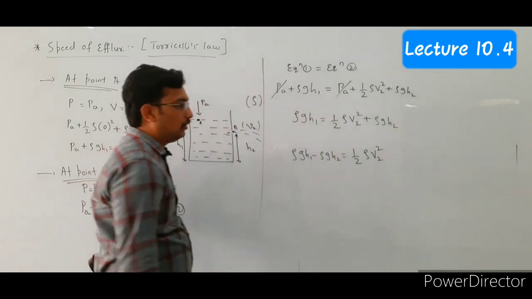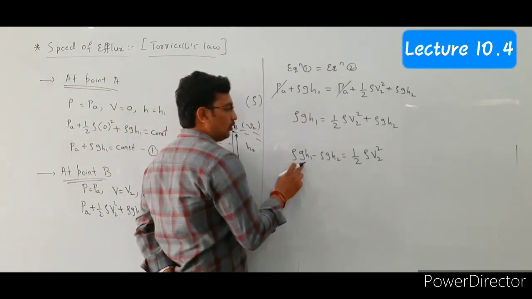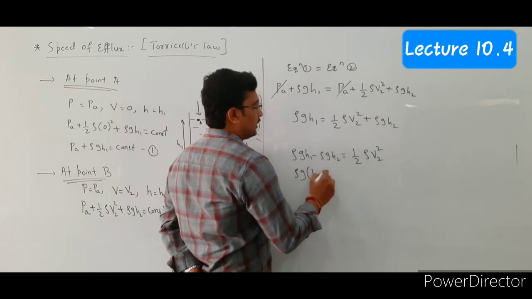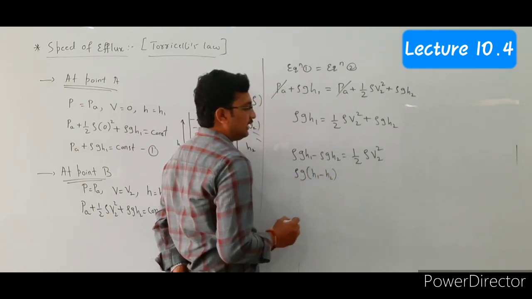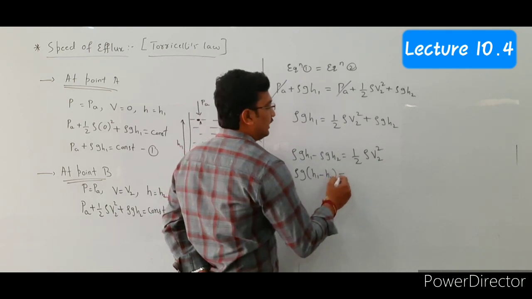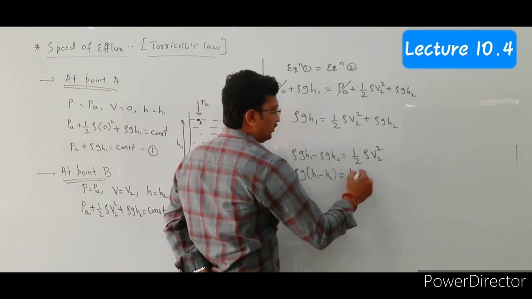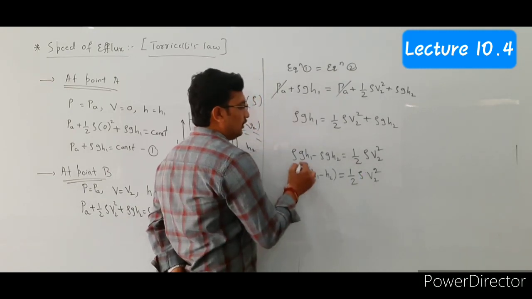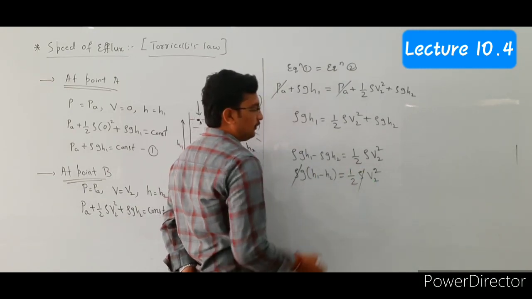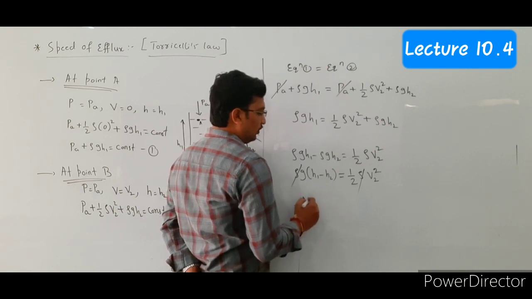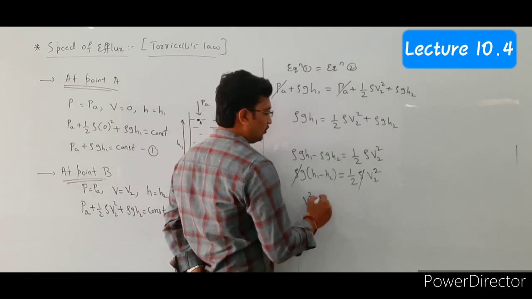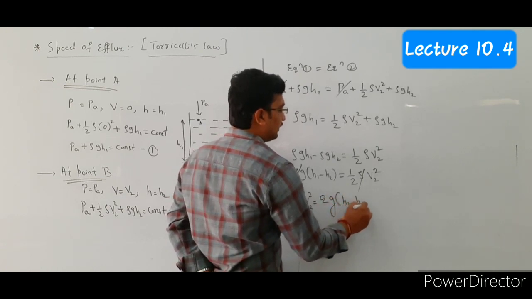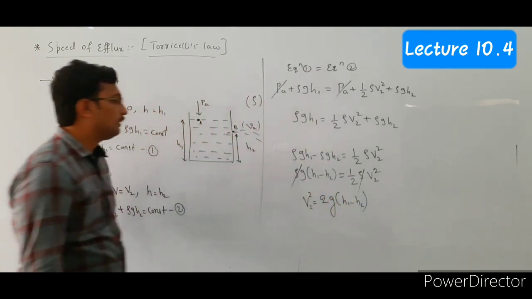Take rho g common, the remaining is h1 minus h2, equal to 1 by 2 rho into V2 square. Here rho gets cancelled. V2 square is equal to 2 into g bracket of h1 minus h2.